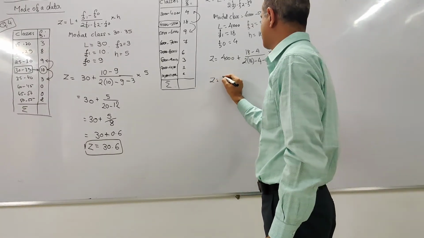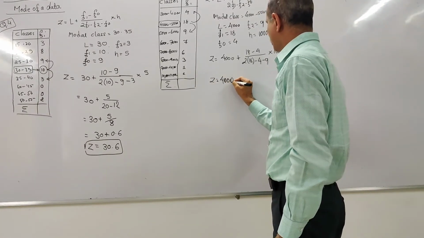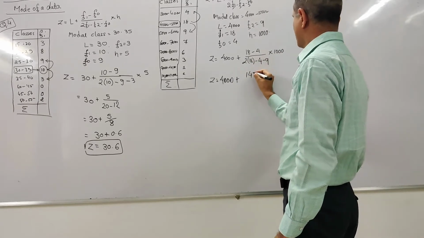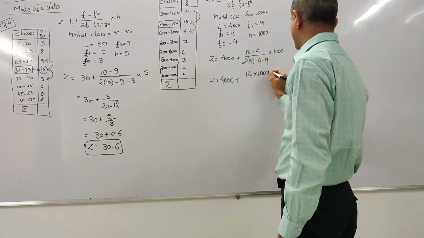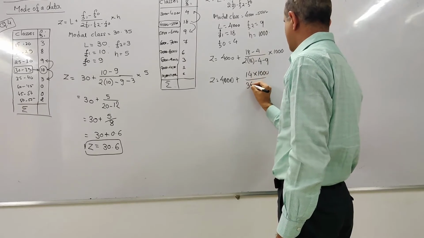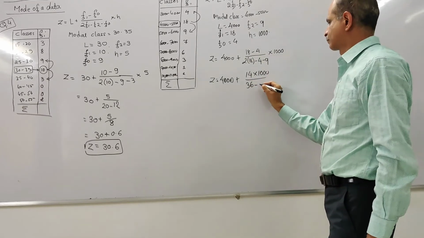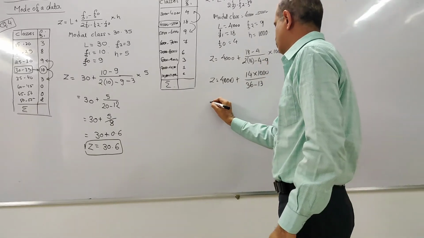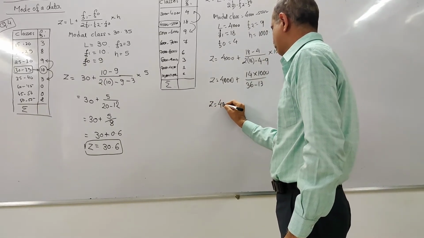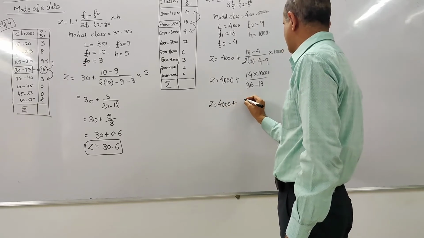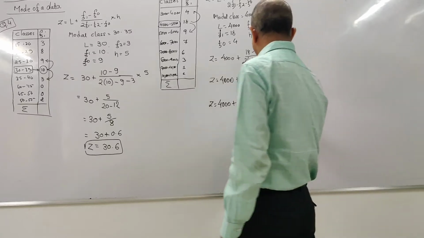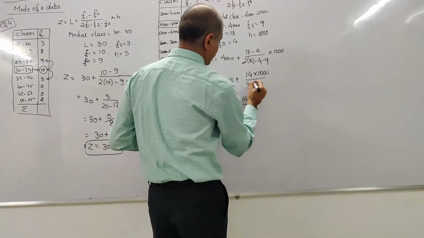So Z is equal to 4000 plus (18 minus 4 means 14) into 1000 upon (18 twos are 36, minus 13). 9 plus 4 is 13. So Z is equal to 4000 plus 14000 upon 23.